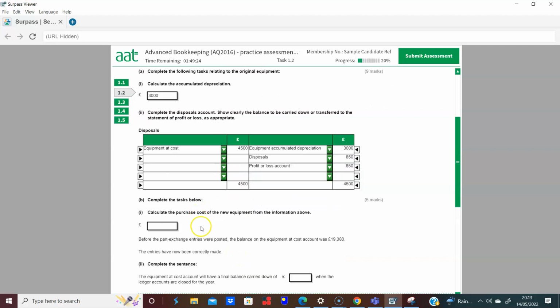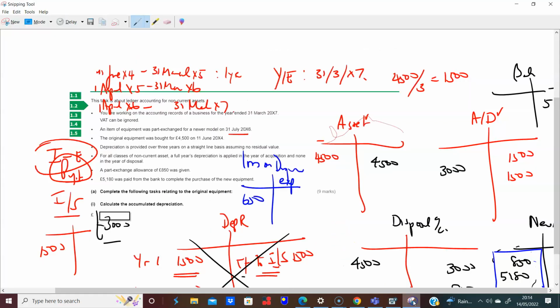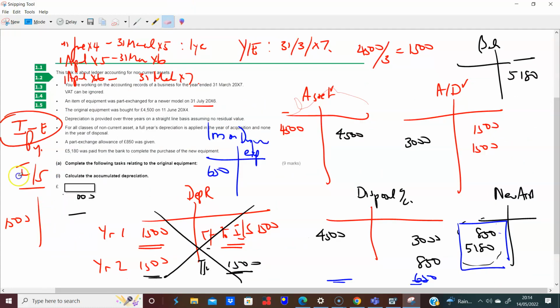Now, the question then goes on to say: calculate the purchase cost of the new equipment. Right, before the part exchange, the balance on the equipment account was 19,380. So let's come back here. Let me just get some space. 19,380.